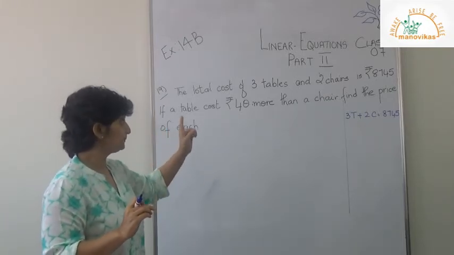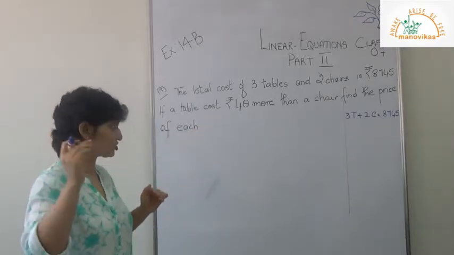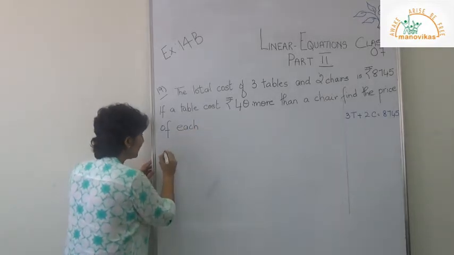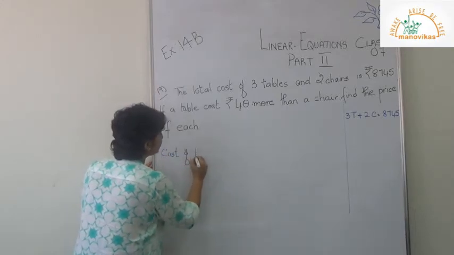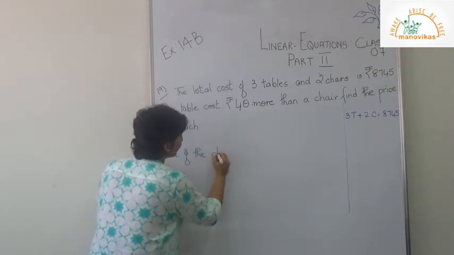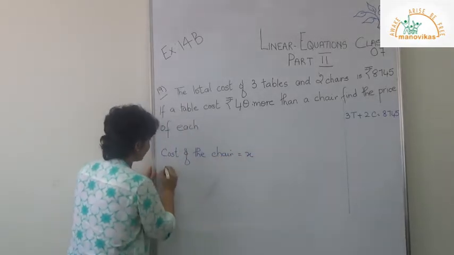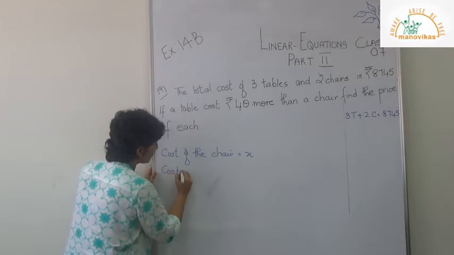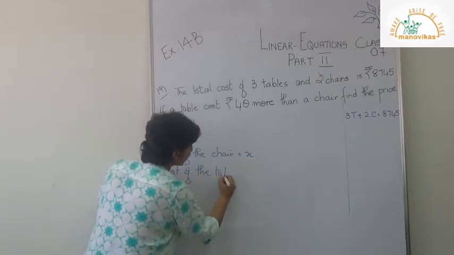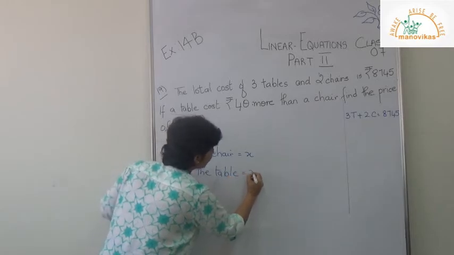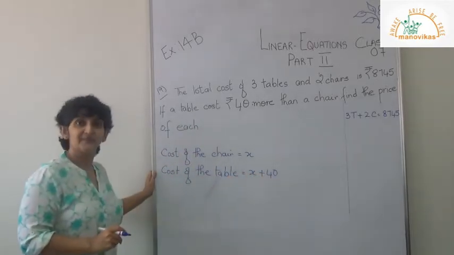If a table costs rupees 40 more than a chair, so if the cost of the chair is X, then the cost of the table, they are saying, is 40 rupees more, X plus 40.